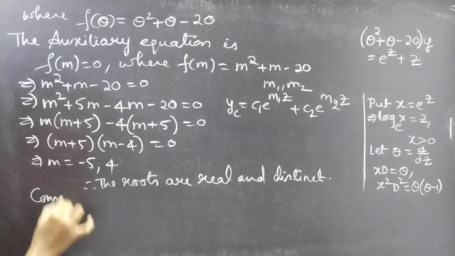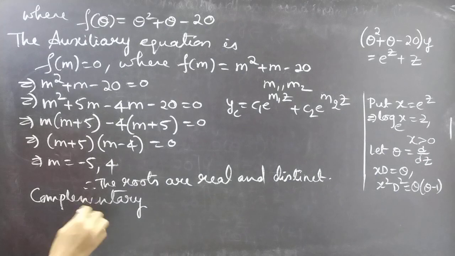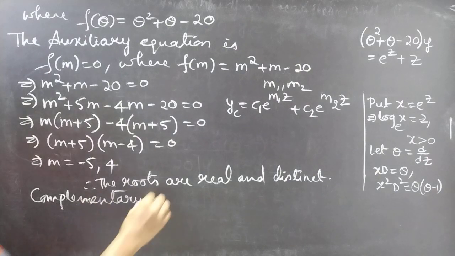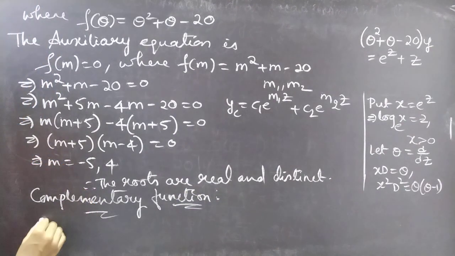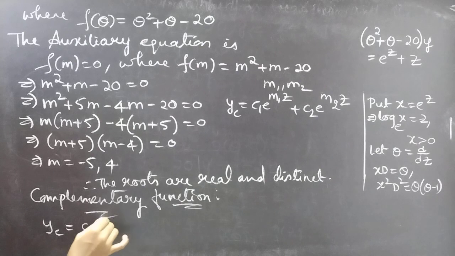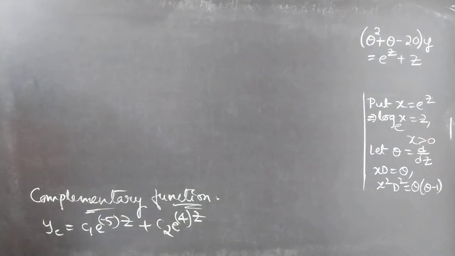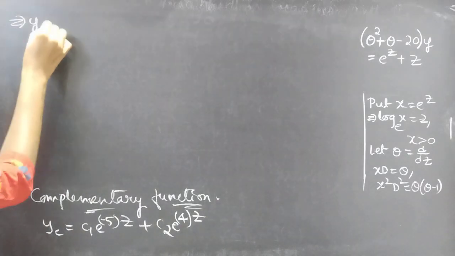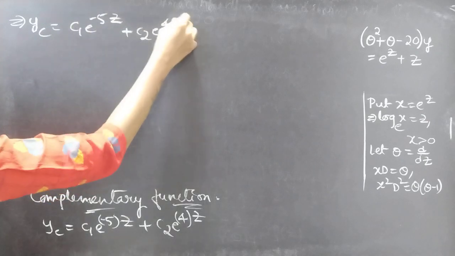Now coming to our complementary function, yc equals c1 e power minus 5z plus c2 e power 4z.